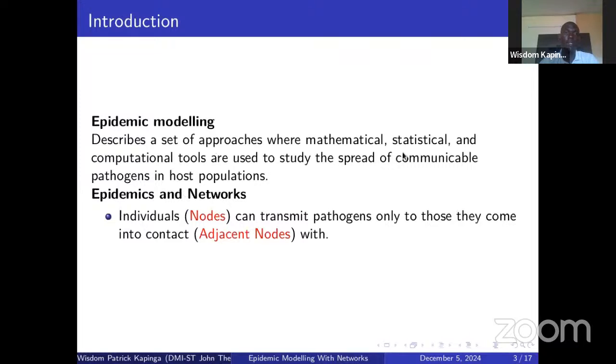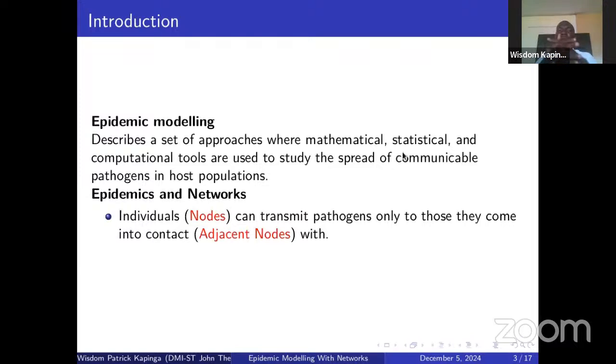So in the introduction, we are looking at epidemic modeling. When we talk of epidemic modeling, we are looking at a set of approaches where you combine mathematical, statistical, and computational tools to study the spread of communicable pathogens in a host population.